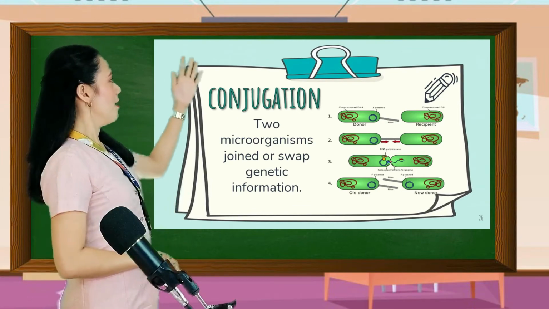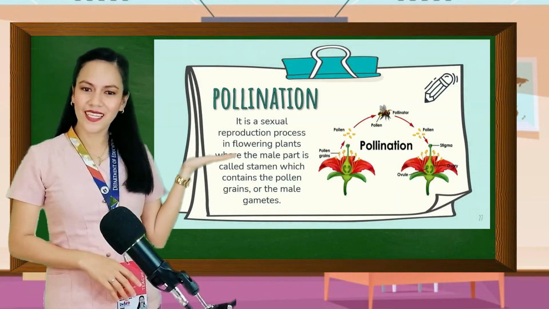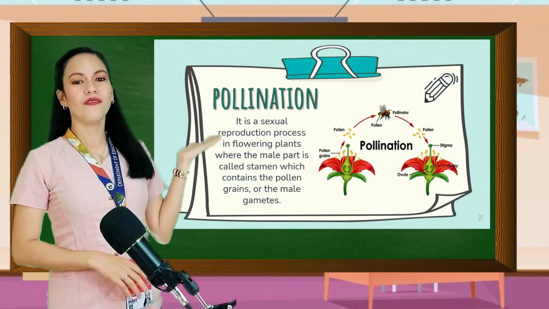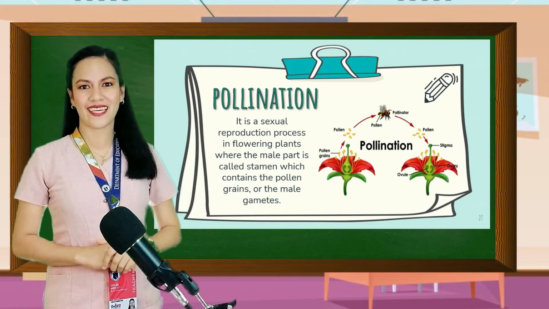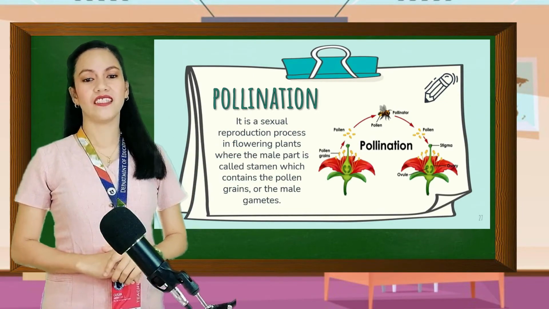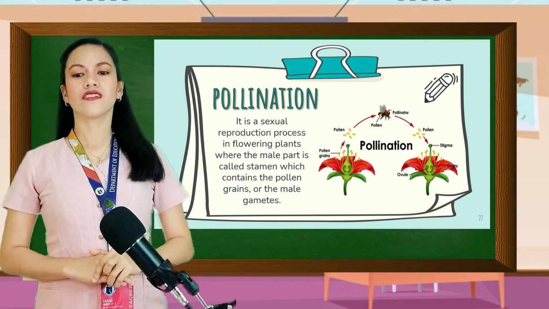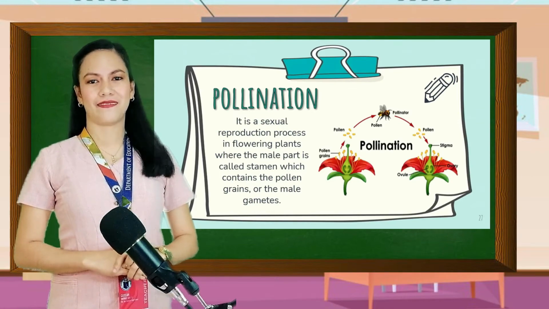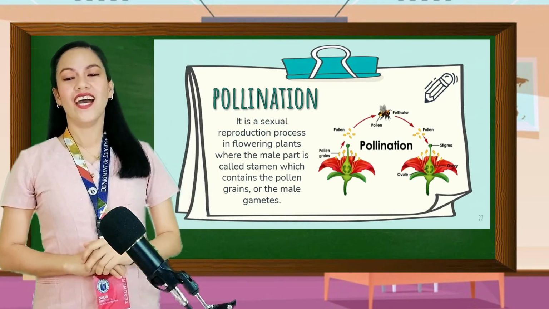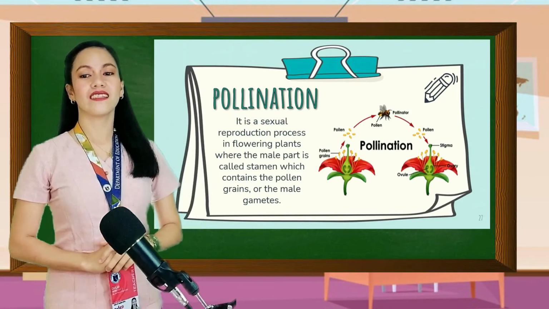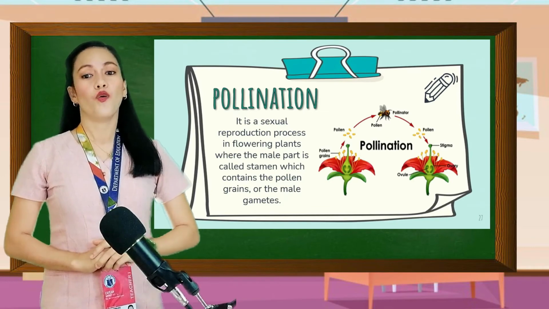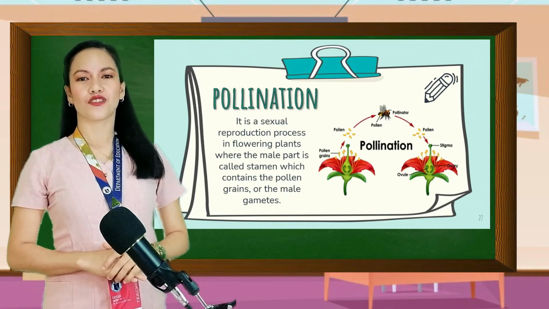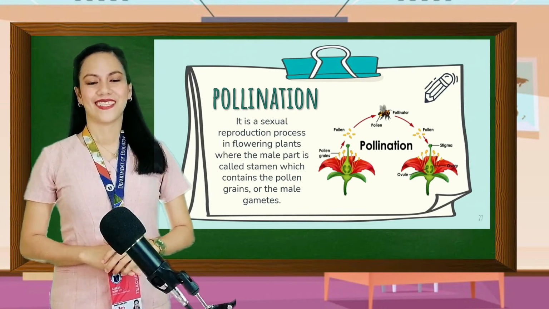Lastly, we have pollination. Pollination is a reproductive process in flowering plants. The male part is called the stamen, which contains the pollen grains, or the male gametes. During pollination, the pollen grains land on the stigma of the pistil, which is the female structure of a flower.